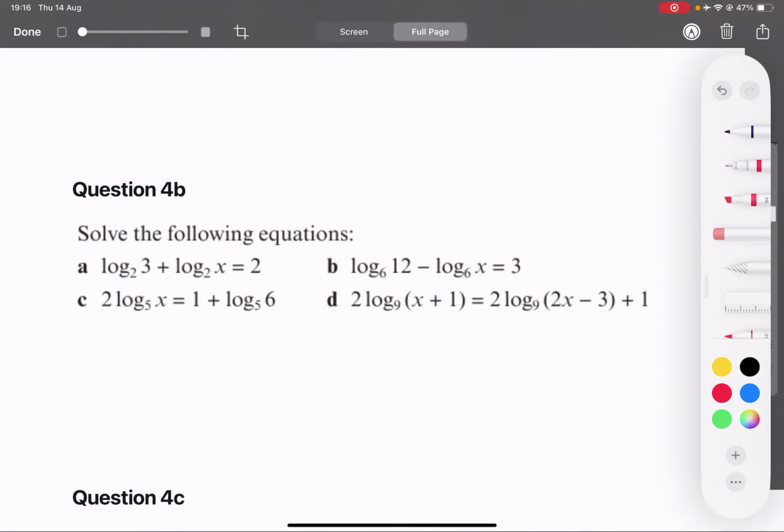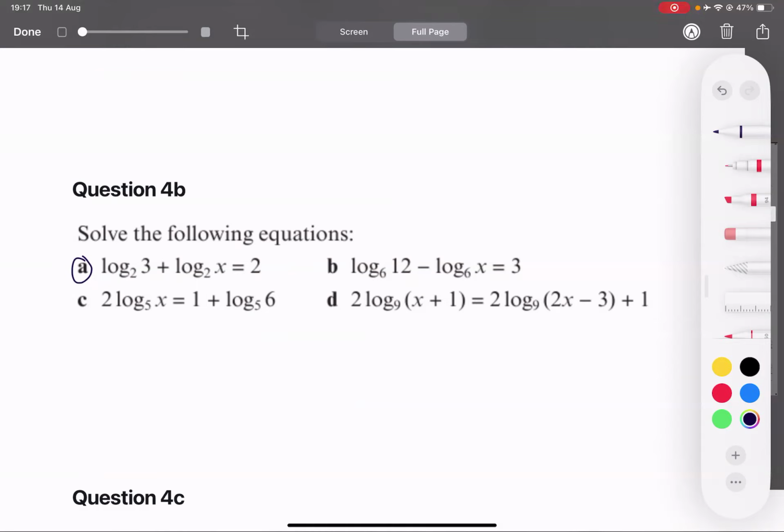How would you collect the two logs together? They have the same base, I believe. Yeah, they have the same base, so how can you turn it into one log instead of two? You multiply them. Good.